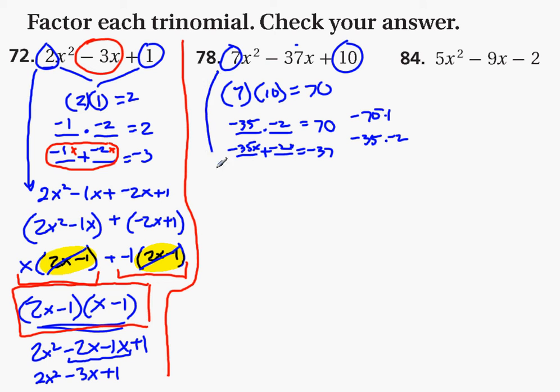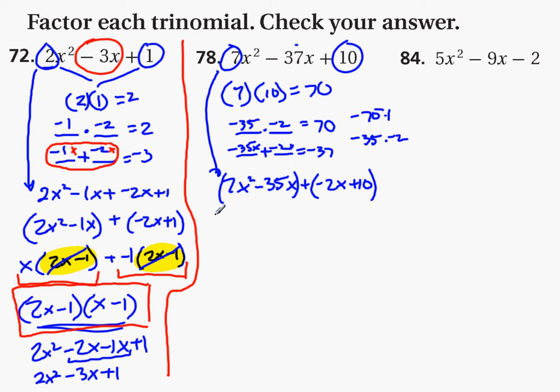So we're going to take this expression right here, go 7x squared, then minus 35x plus negative 2x plus 10, and create 4 terms, whereas before there was 3. Then we're going to group those, and then take the greatest common factor of each.